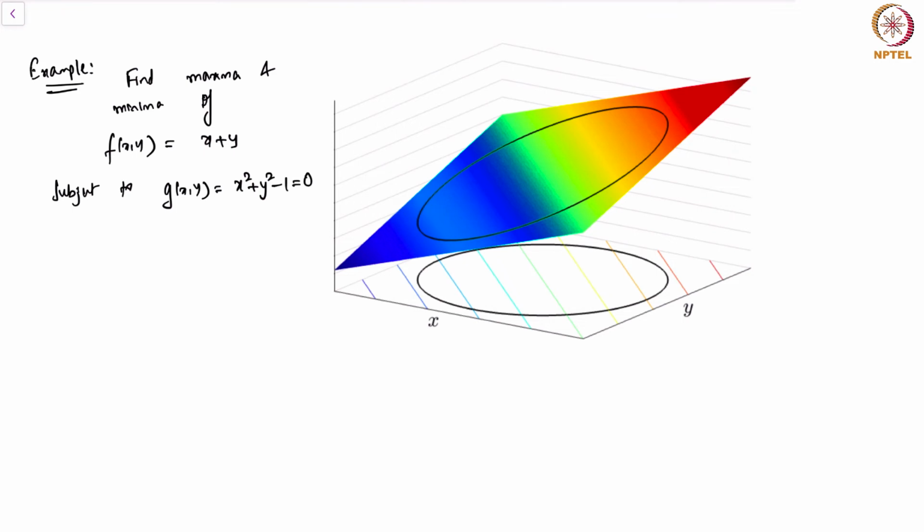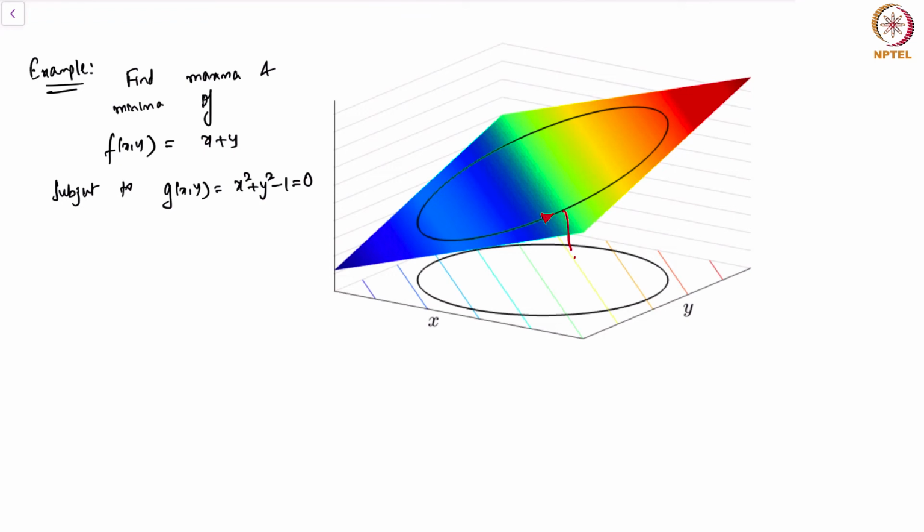So you're on this plane f of x comma y is equal to x plus y, and we have to find out what is the maximum and the minimum of this function when you're traversing a circle, when you're going along this circle. I'm showing with an arrow, that is g.